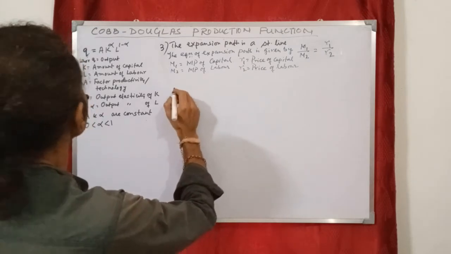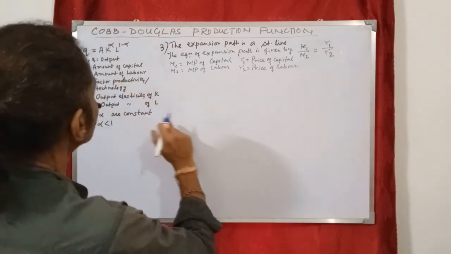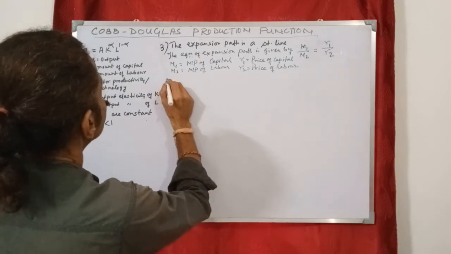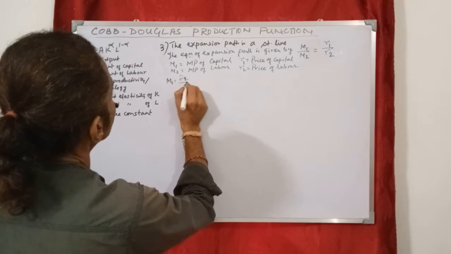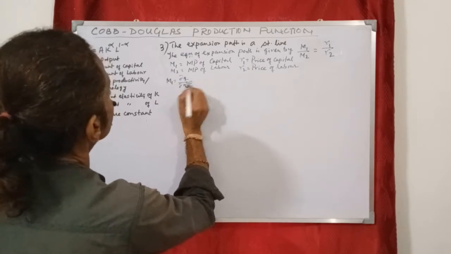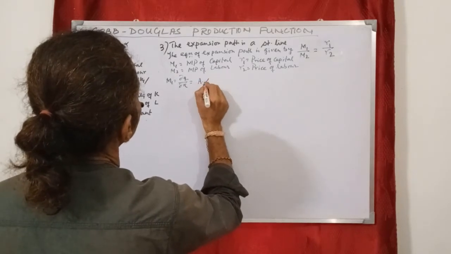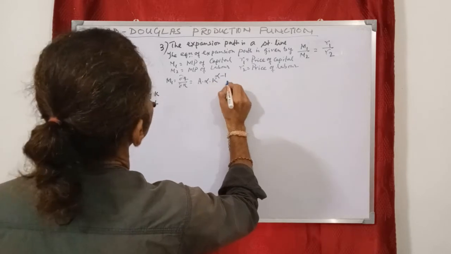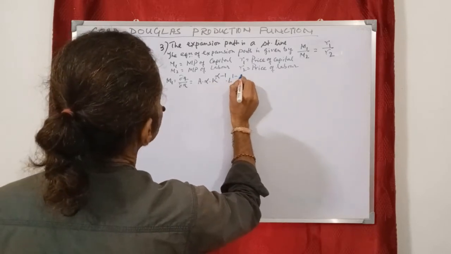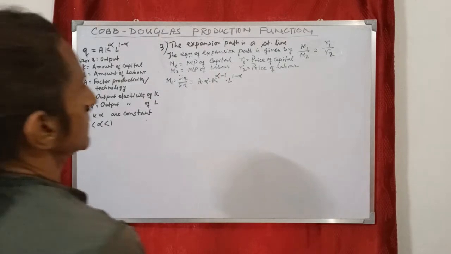So again we take partial derivatives of Q with respect to K and L. M1 equals to del Q by del K is equal to A alpha into k to the power alpha minus 1 into L to the power 1 minus alpha, right?